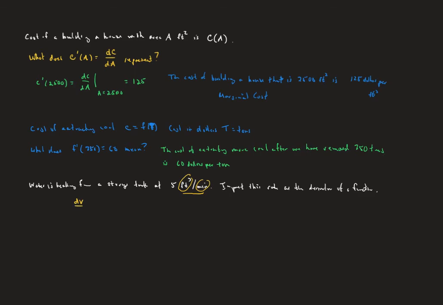It's a dV, a change in volume, over a change in time. We could write it as dV/dt, or V prime of t, and if it's leaking, that means volume is decreasing, so it's going to be a -5. So it's a rate of change of a volume.